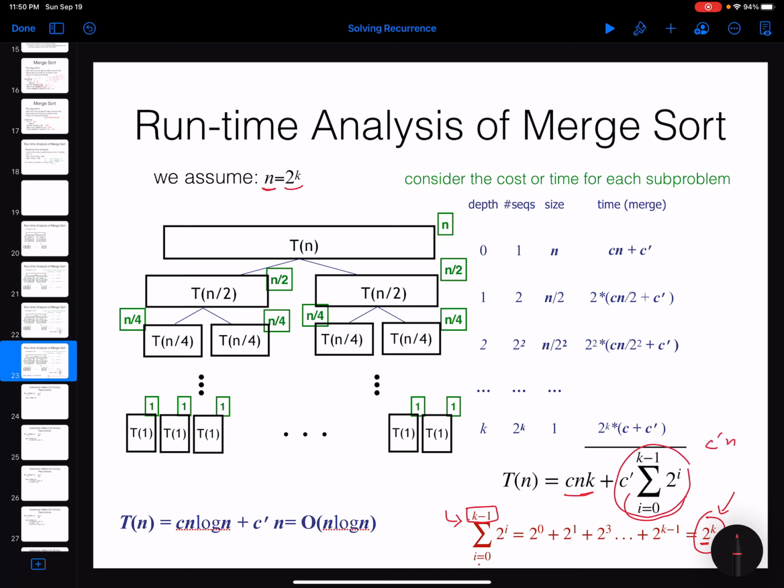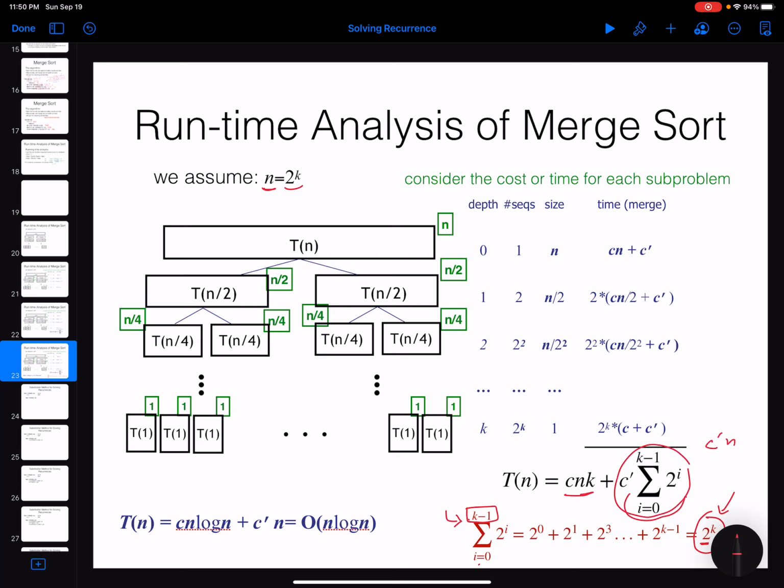plus cn. Again, you can see that this term is going to be fixed, plus that cn, plus cn.